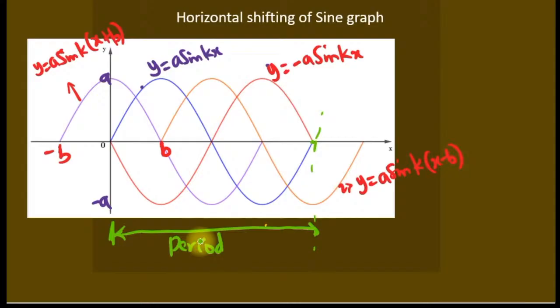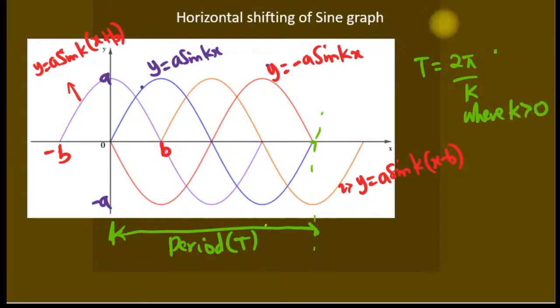And it is denoted by T. And one period, T, is always 2 pi over k. And remember, k must be a number greater than 0. K must be a positive number.